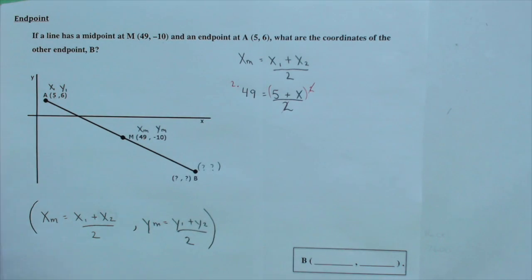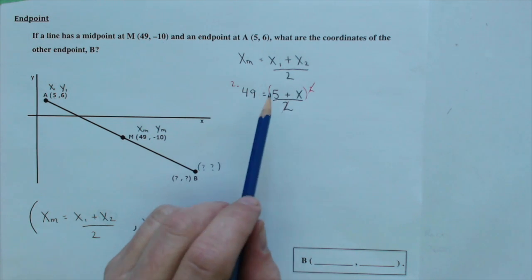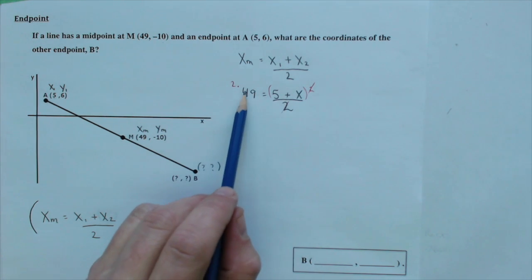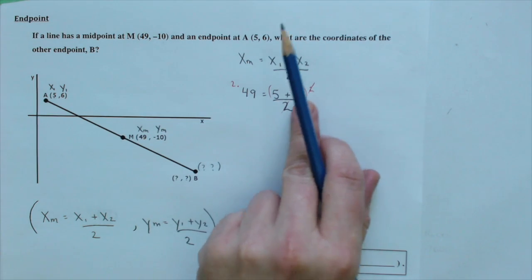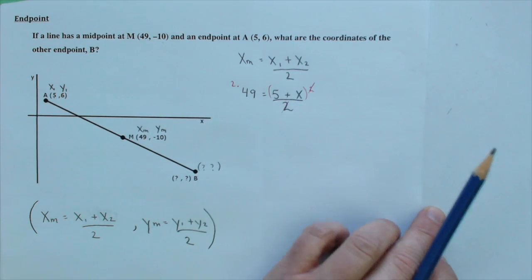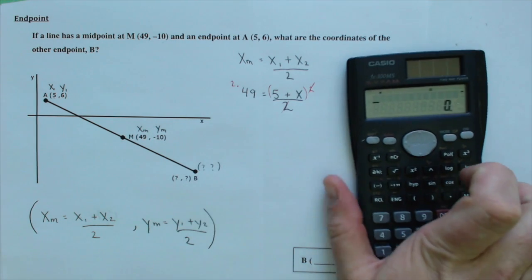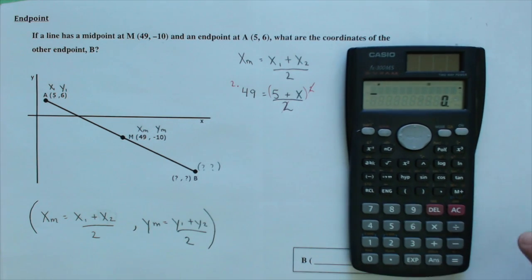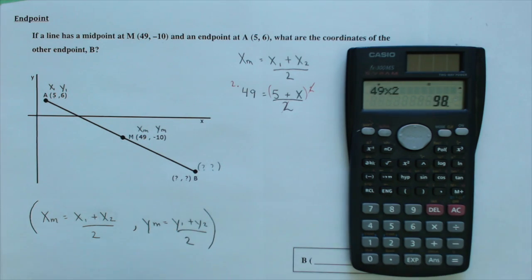Now, some of you may have learned the word cross multiplication, which is a shortcut. Really, what you're doing is taking that 2 and multiplying it over there. And it's going to work like that every single time. But algebraically, just so you understand it, what you're really doing is multiplying both sides by 2. The result is the same. The result at the end of the day is going to be 49 times 2. So I'll bring the calculator in here, and we'll go 49 times 2, and we're going to get 98.